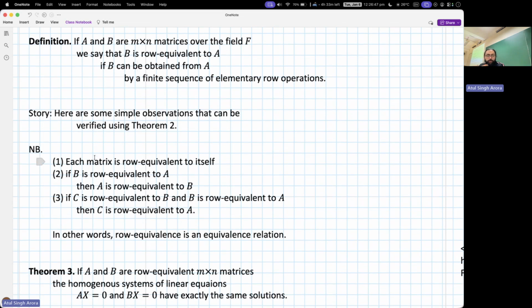Let's make a few observations that one can verify using Theorem 3. Each matrix is row equivalent to itself, and that's just the definition. Second, if B is row equivalent to A, then A is row equivalent to B. Does that make sense?